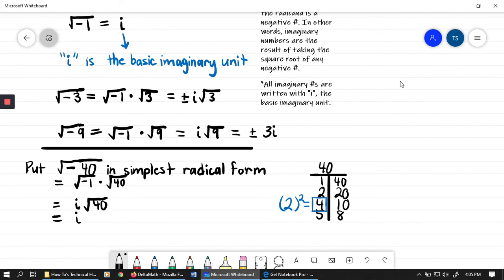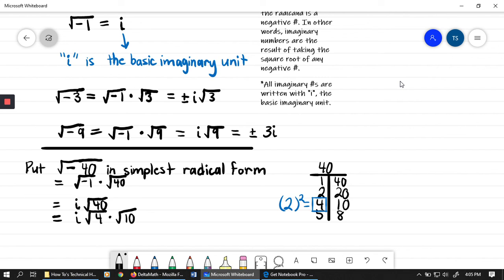Remember, when you split the square root of 40 up into two radicals, put the perfect square first. So the square root of 4, and then the square root of 10.